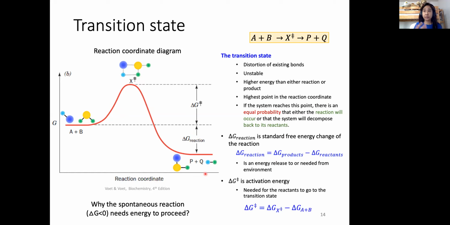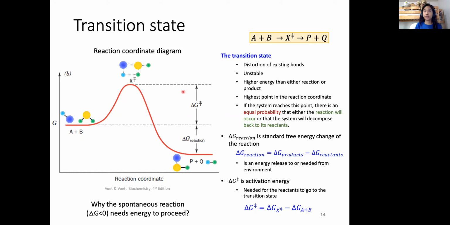But in the real situation, you need to take into account the activation energy, which can be calculated by the energy of the transition state minus the energy of the reactant, as shown in this diagram.